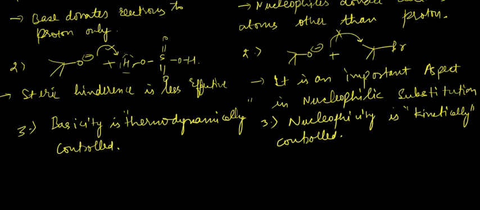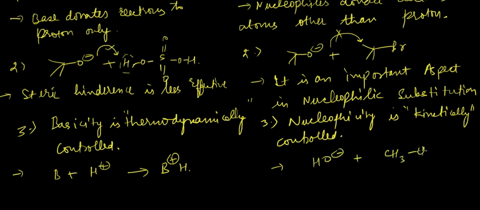Some examples for the same: we have base plus H plus, so it would form B plus H, and here we have OH minus plus CH3Cl, which gives rise to CH3OH.